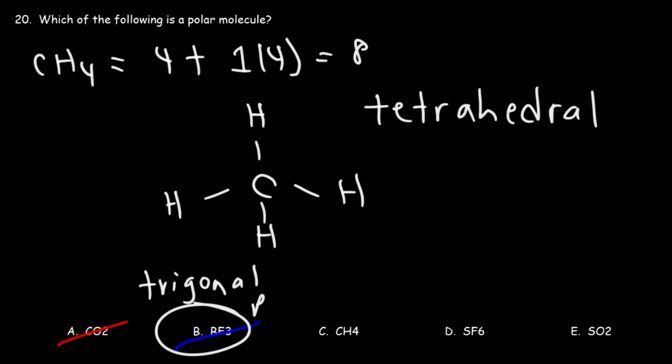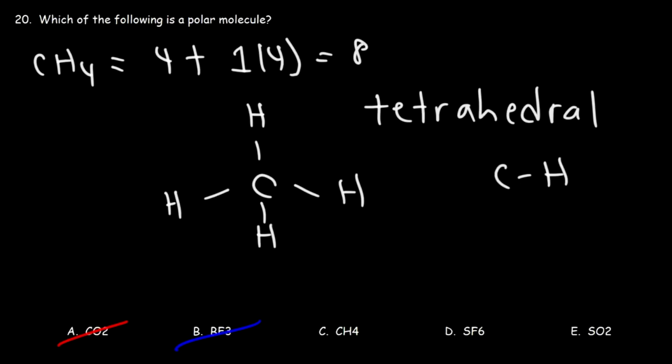Now what can we say about methane? Is it going to be polar or nonpolar? Earlier, we discussed that the CH bond is a nonpolar bond. Carbon has an electronegativity value of 2.5, and H is about 2.1. So because the electronegativity difference is less than 0.5, the CH bond is not polar.